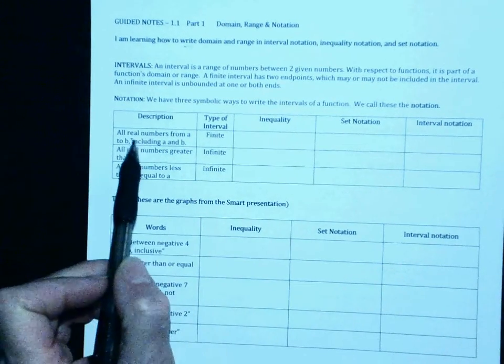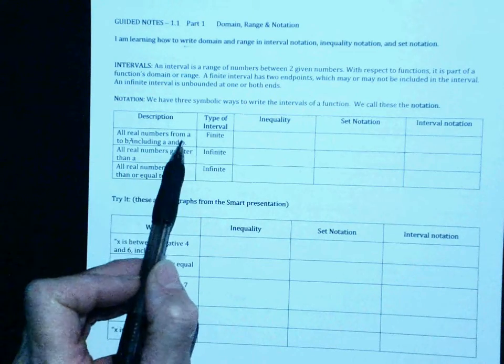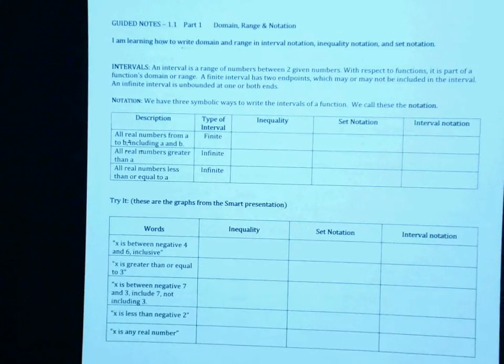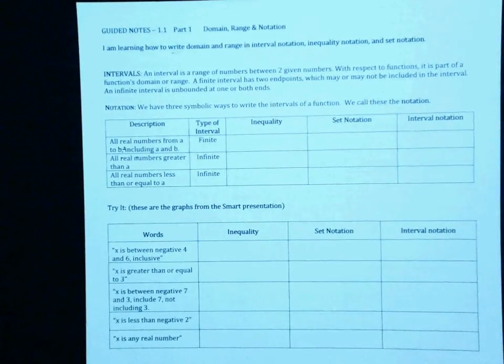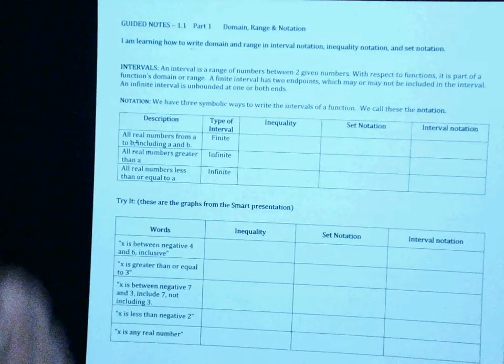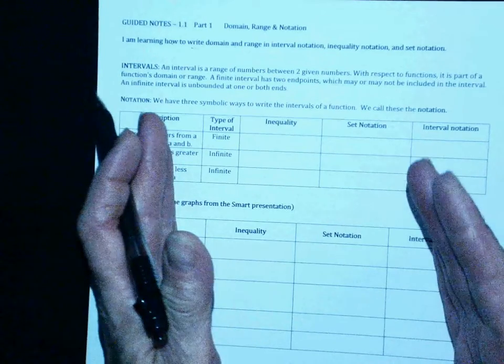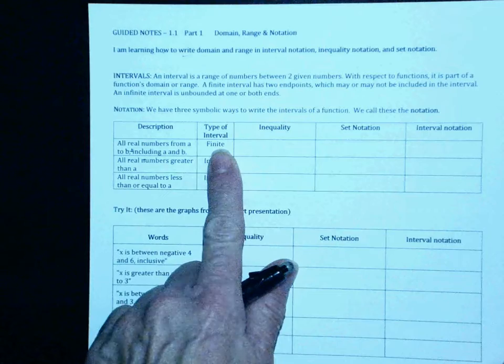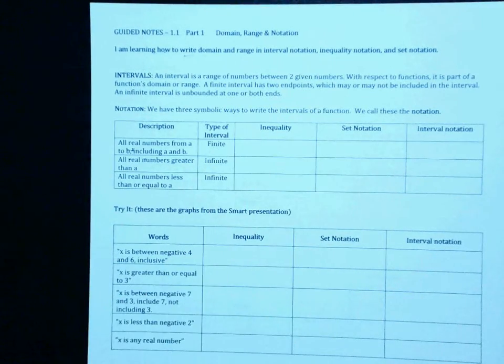The first one is all real numbers from number A to number B, including number A and including number B. Because it has a definite starting and ending point, that's a finite type of interval. It doesn't go on forever. It starts somewhere and it ends somewhere.